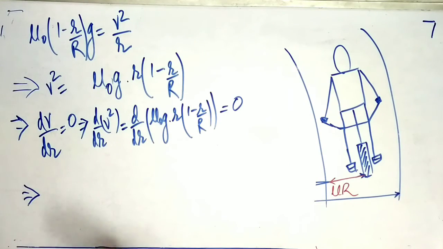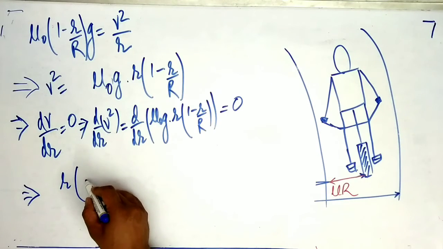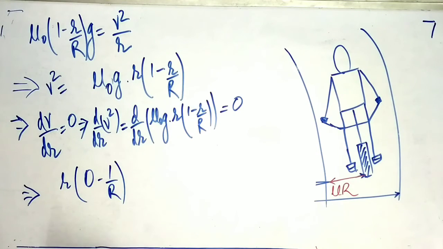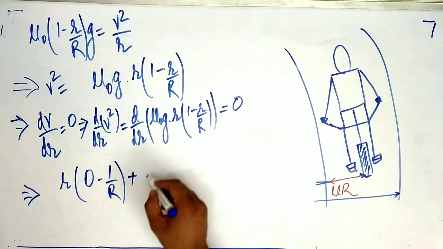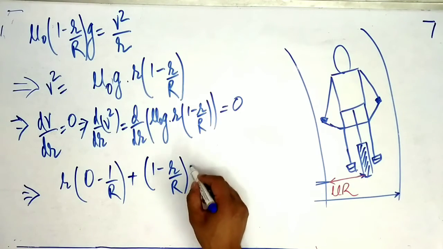This gives us r into 0 minus 1 by R plus 1 minus r by R is equal to 0.